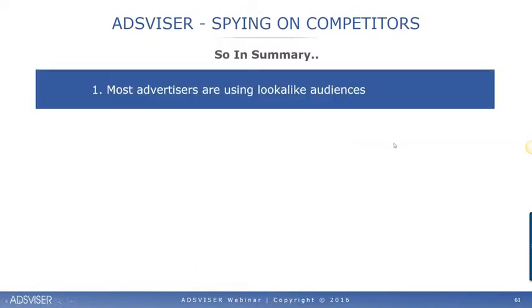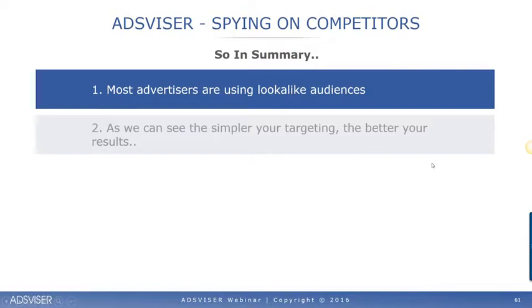So, in summary, we found that a lot of advertisers are using lookalike audiences, and that's something you can choose to use as well. But we've seen that the simpler your targeting, the better your results. In a lot of instances, the why am I seeing this ad feature shows you only one or two interests, like shopping and fashion, Alabama Crimson Tide.